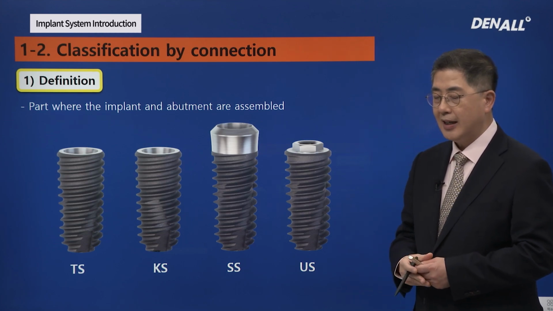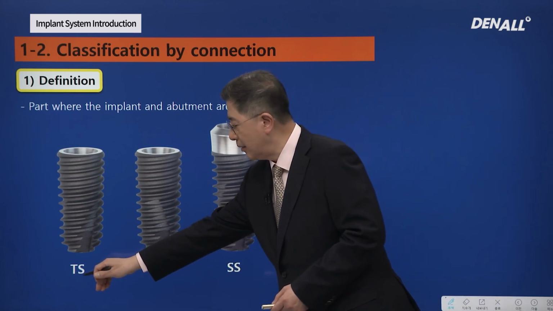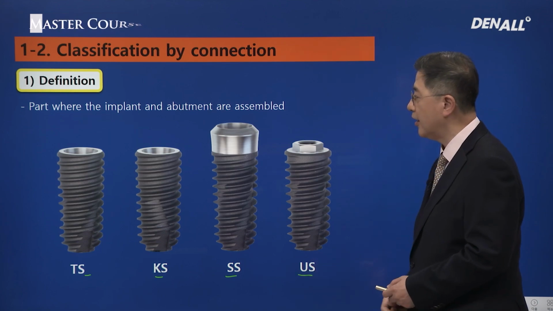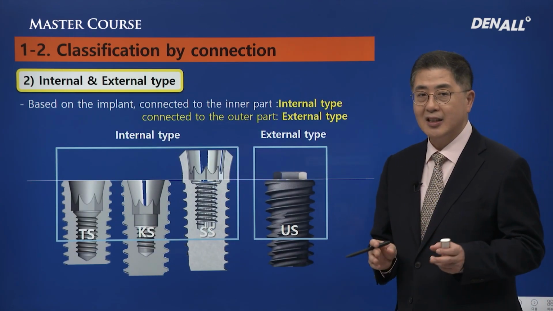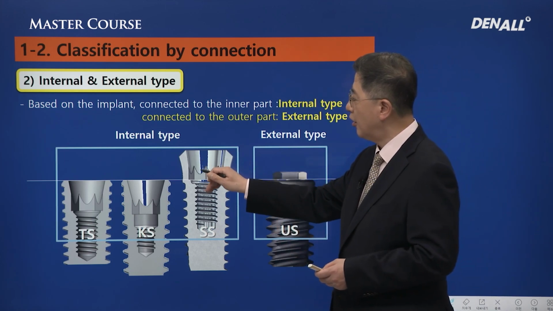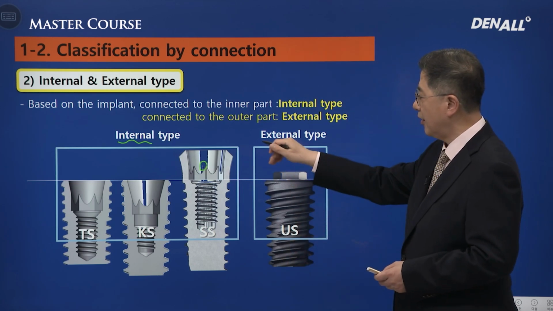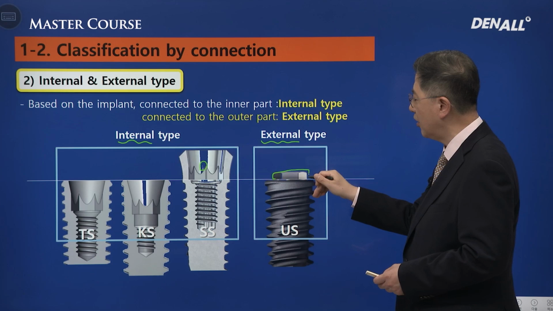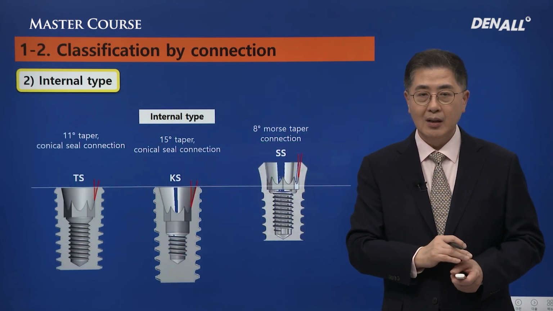Depending on the connection, when we divide the implants, there's TS, and although it looks similar, KS, SS, and US have different connections. As you all know, the abutment can be divided into internal type and external type, which has been used from long time ago since the Browning mark implant times.